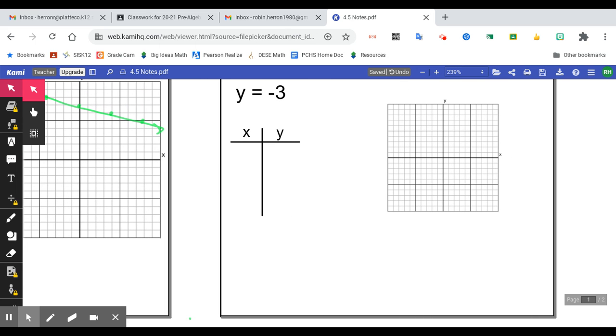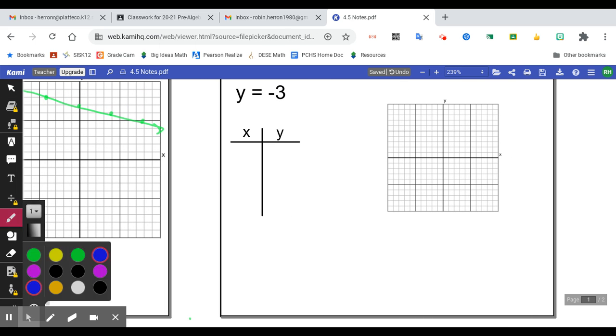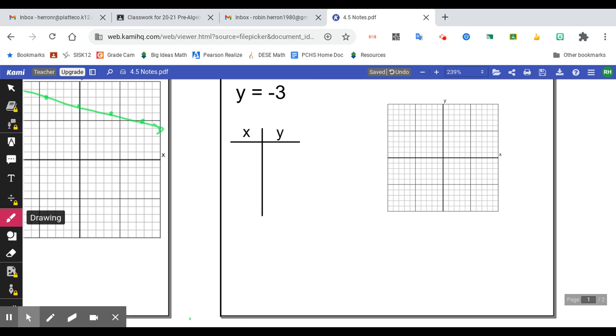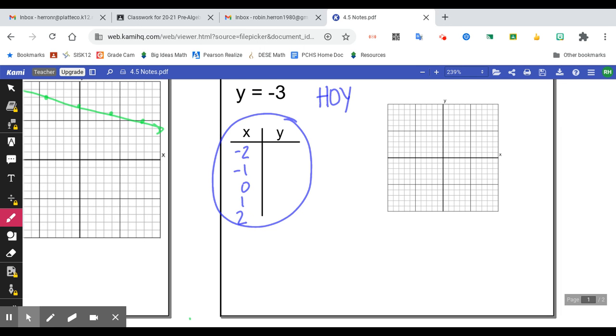Now, automatically you should be saying to yourself, this is our special case. This is different. It's a y equals with no x. So this is a hoy. Now, you should be telling yourself, well, if I put numbers in right here, there's not even an x up here to plug them in for. So I can't do anything, which means that y is going to be negative 3, negative 3, negative 3 every single time, no matter what I try to put in, because there's nothing there.